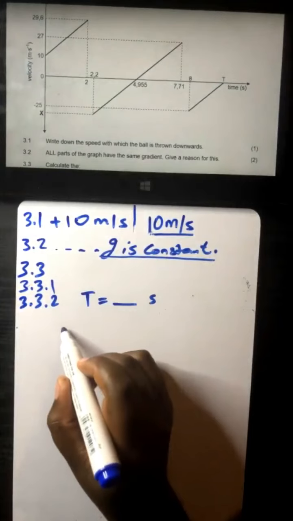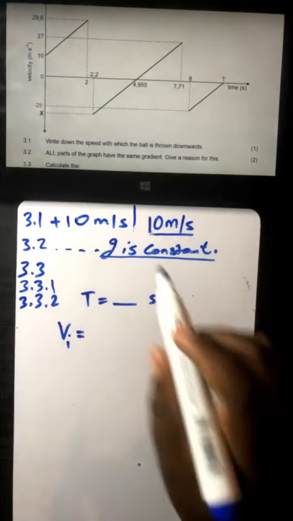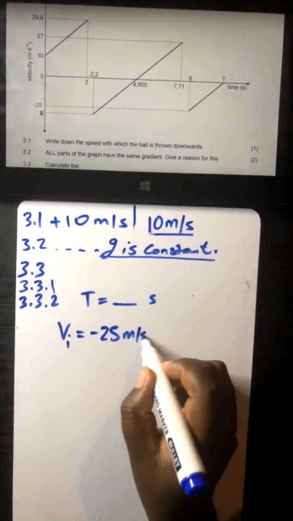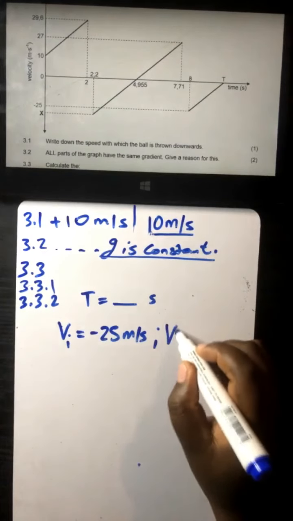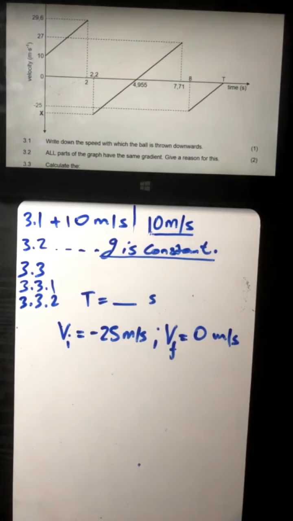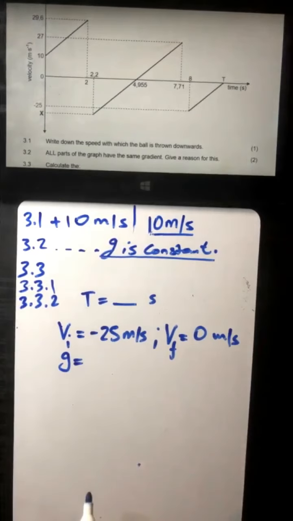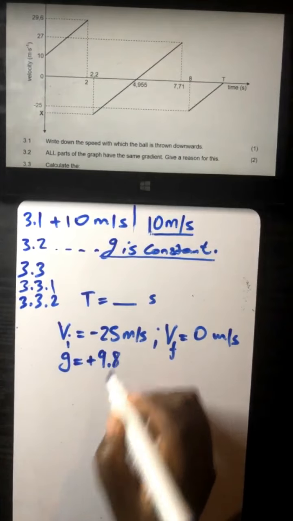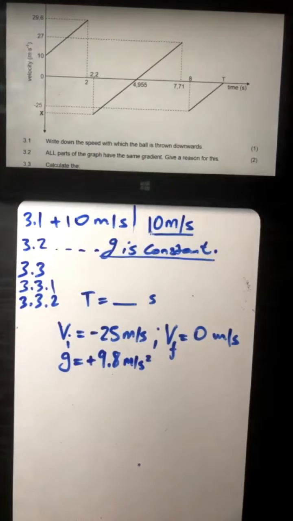What do we know about that point t? Obviously we know the V initial is equal to negative 25 meters per second. We know V final is equal to 0 meters per second. We know g is equal to positive 9.8 meters per second squared.